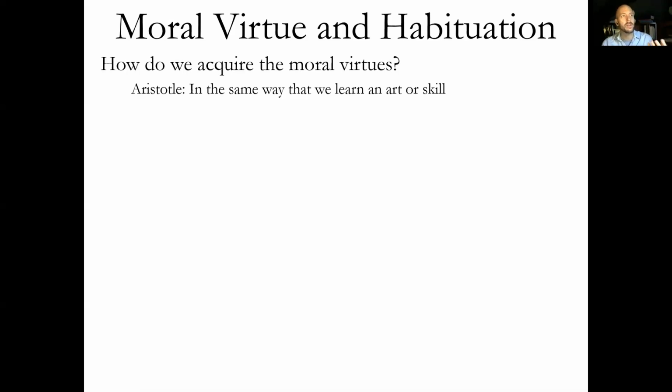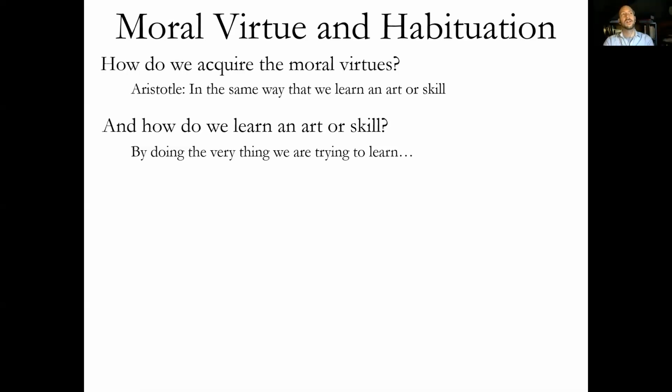In the same way that you learn carpentry, that's how you acquire the moral virtues. Well, okay. How do you acquire arts and skills? That's the obvious next question. And what Aristotle's going to say, and this is very plausible, it's not just Aristotle who would want to say this, is that you learn how to be a carpenter by doing carpentry.